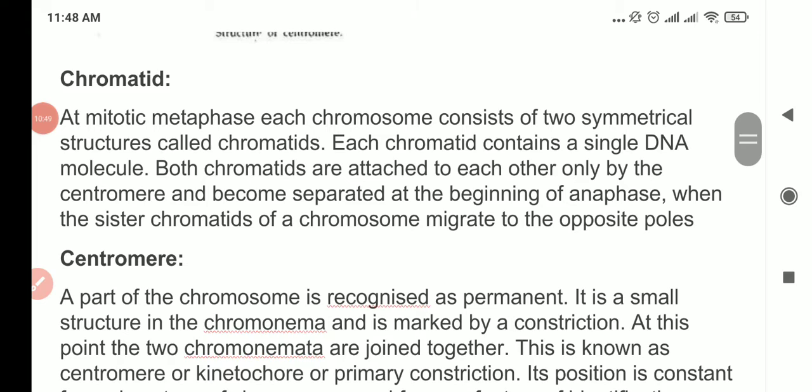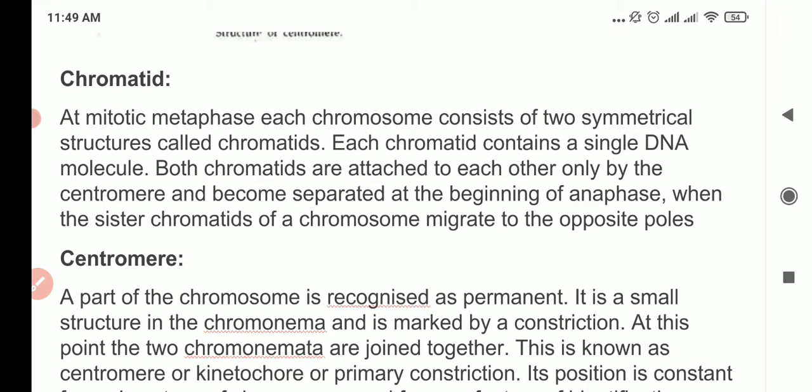Now looking at the chromatid. During metaphase, each chromosome will have two symmetrical structures called chromatids. Each chromatid will have a single DNA molecule. Both chromatids are attached to each other by the centromere and become separated at the beginning of anaphase, when the sister chromatids of a chromosome migrate to the opposite poles.